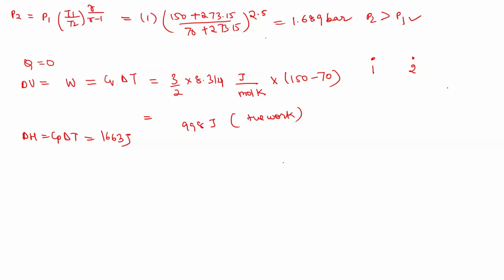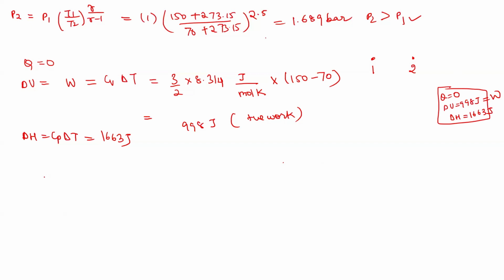So in process 1, I have Q equal to 0, delta U equal to 998 joules, which equals the work, both are the same here, and delta H is equal to 1663 joules.